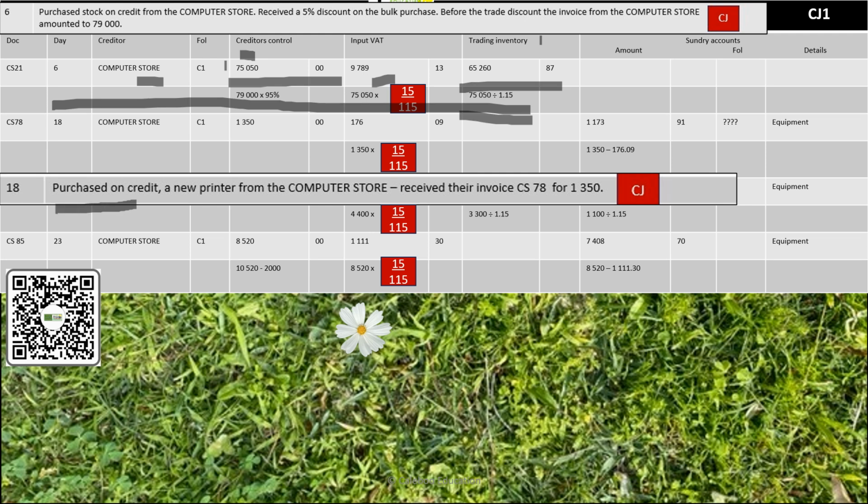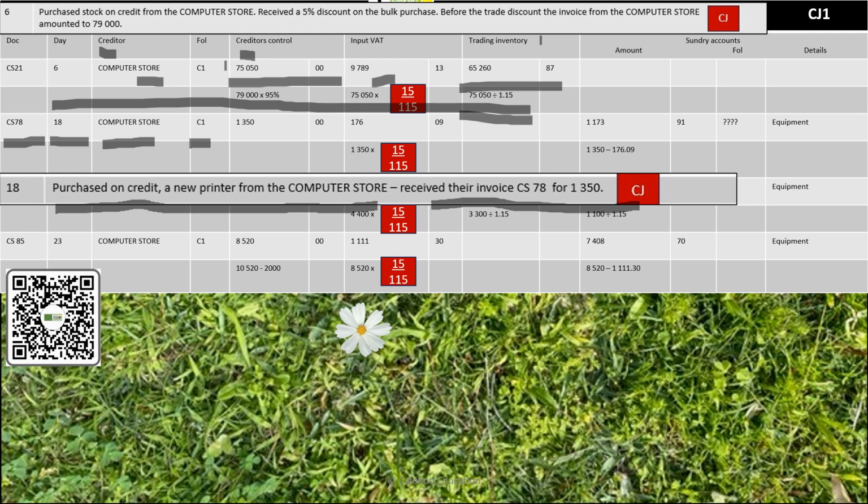Purchased on credit a new printer from the computer store, received their invoice CS78. Very easy. There's the document number CS78. On the 18th, under creditor, who did we receive this printer from? The computer store.